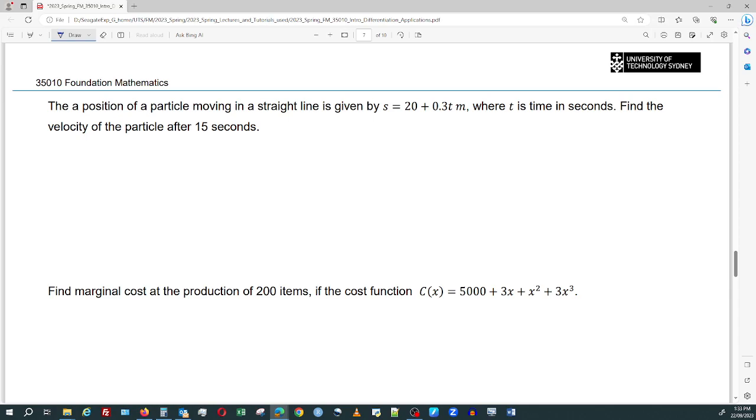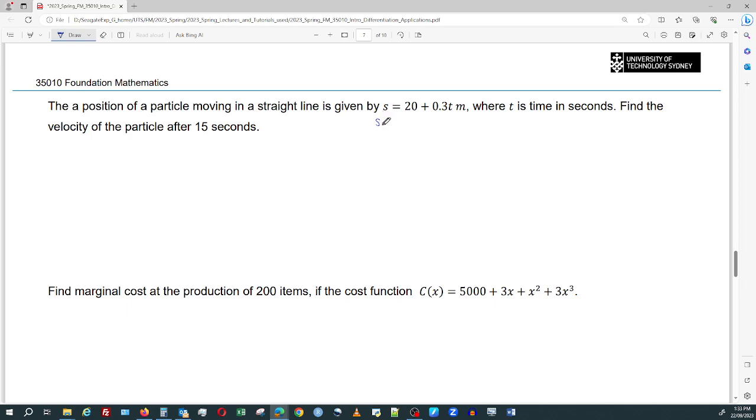All right, let's see if we can find a couple of examples for us to do. The position of a moving particle in a straight line is given by S equals 20 plus 0.3t meters. So that's a displacement equation.